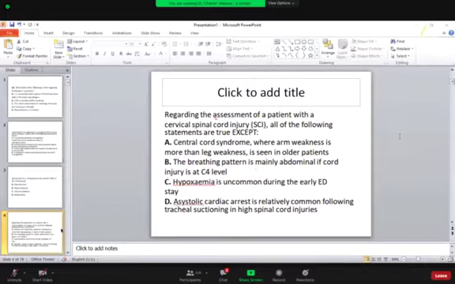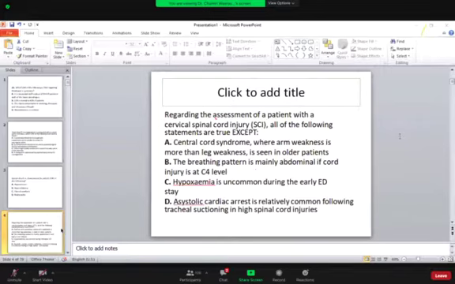So if there is central cord syndrome, there will be arm weakness more prominent than leg weakness, so the first one is true. The reason is the nerves responsible for the upper limb travel more medially, whereas nerves responsible for the lower limbs travel peripherally. Breathing pattern is mainly abdominal if the cord injury is at C4 level.